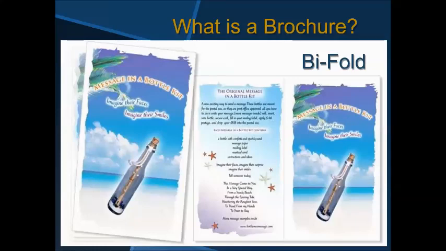So what is a brochure for a bifold? As you can see here, for the bifold, you have two pages. The first page will be at the front, and the other page on the left side will be the last page.